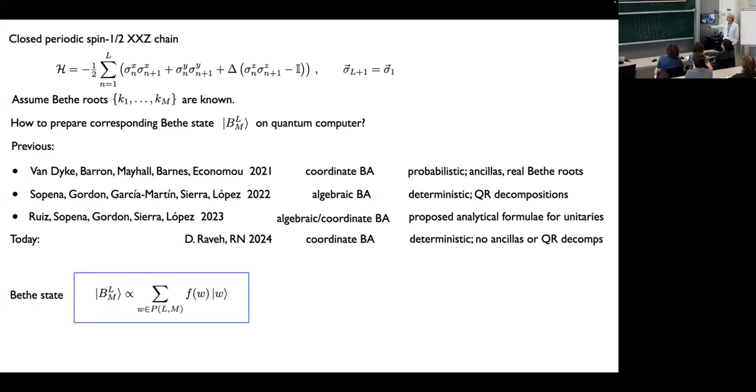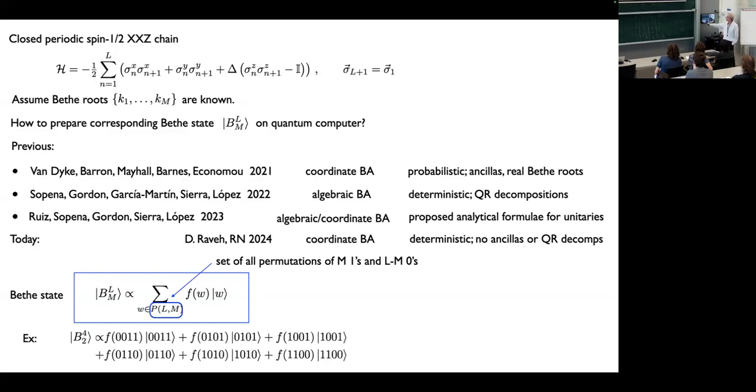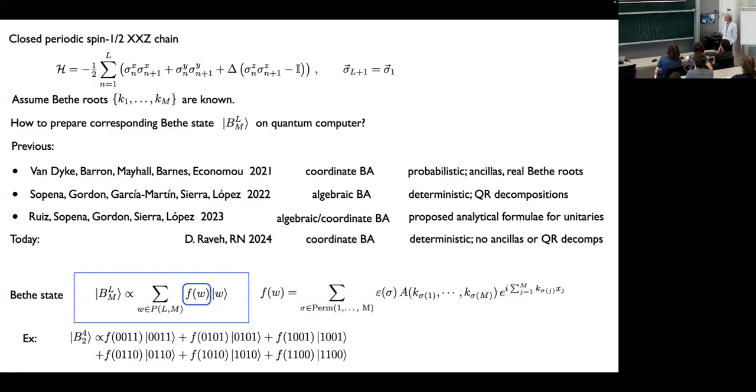So let's write the Bethe state now in this way. Here, this is the sum over all permutations of M 1s and L minus M 0s. For example, for B_4,2, we have two 1s and 4 qubits. It's like the Dicke state, except we have some coefficients in front. If I put all the f's to 1, this would be my Dicke state D_4,2.